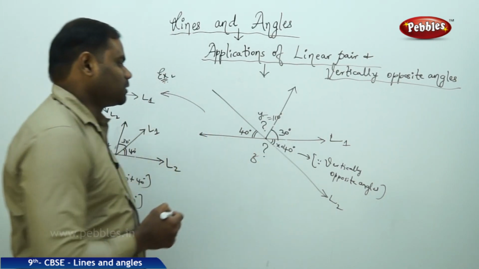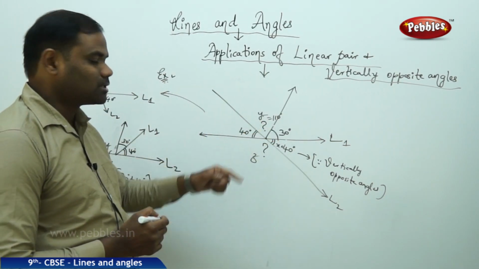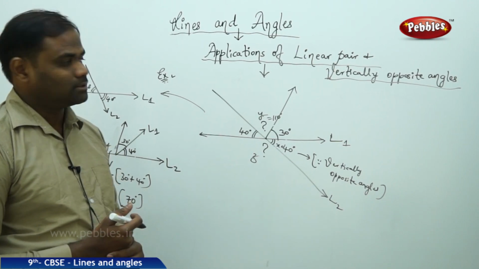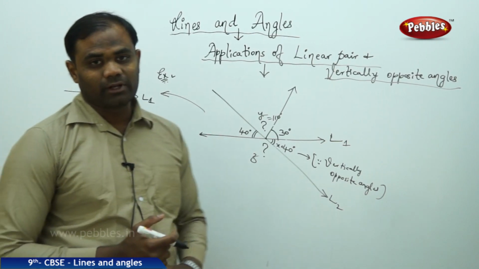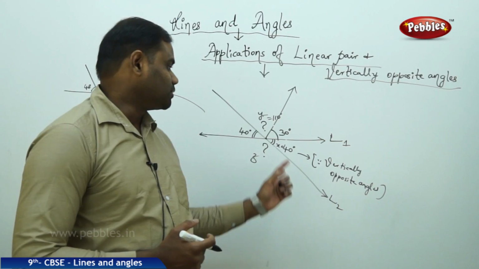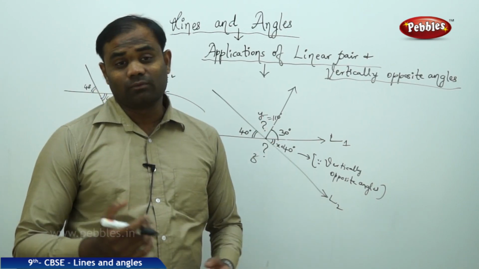Now that I have found each of these angles, the question comes on how to find z. So let's see how we can find angle z, continued from angle x and angle y.